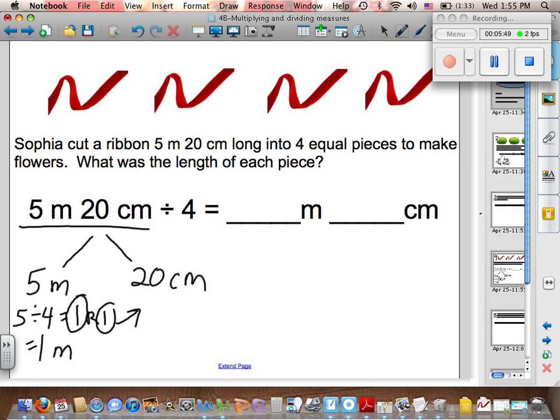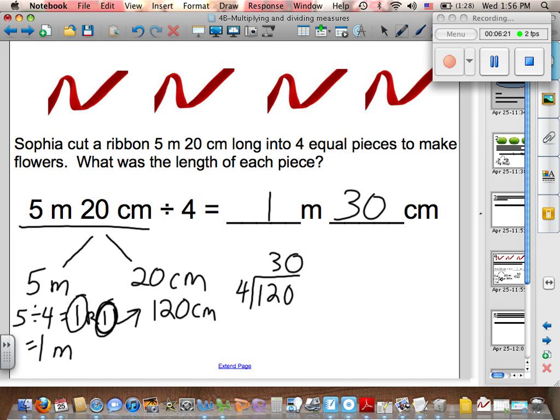So if we're exchanging one of these meters, we now need to add 100 to the 20 centimeters we have, which gives us 120 centimeters. And now we are doing 120 divided by 4. We know 4 goes into 12 3 times equally, and so our answer is going to be 30. So each piece of ribbon is going to be 1 meter, 30 centimeters.